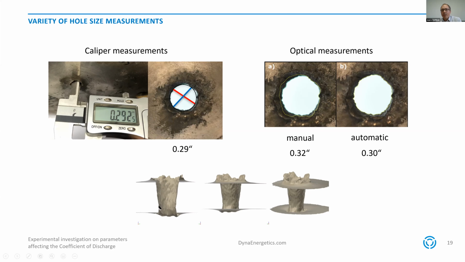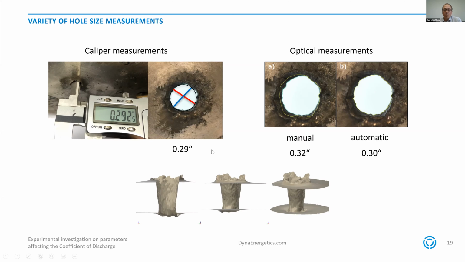Second, the smallest diameter of a perforation hole is not necessarily at the surface of the casing, but it might be in the center. So your calibration must be made for the right distance. And due to that, we made a manual interpretation of all pictures where we determined, step by step for each hole, the surface area manually, and then we get a larger value of 0.32 inches.